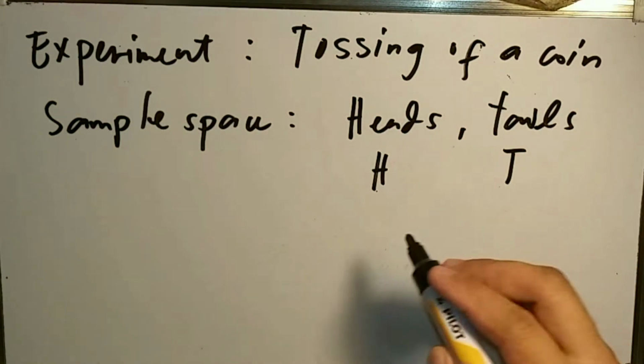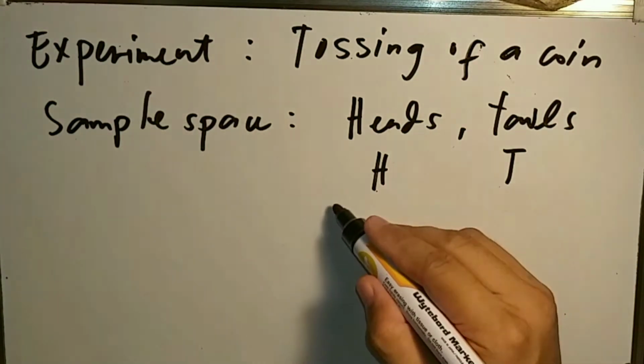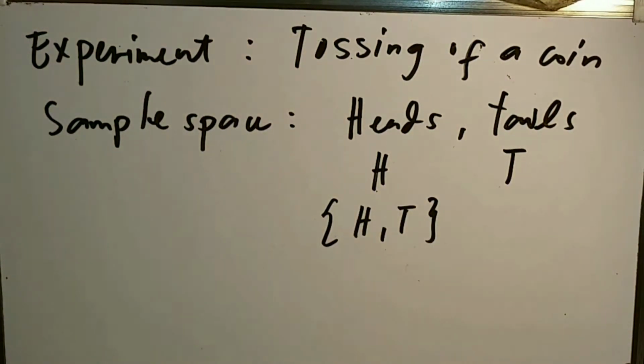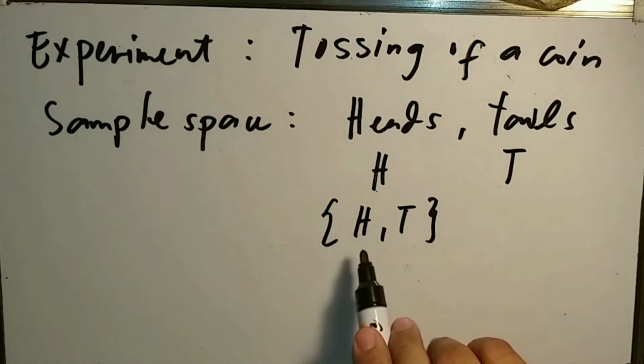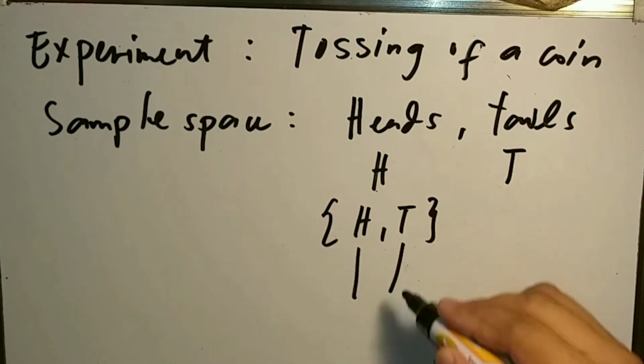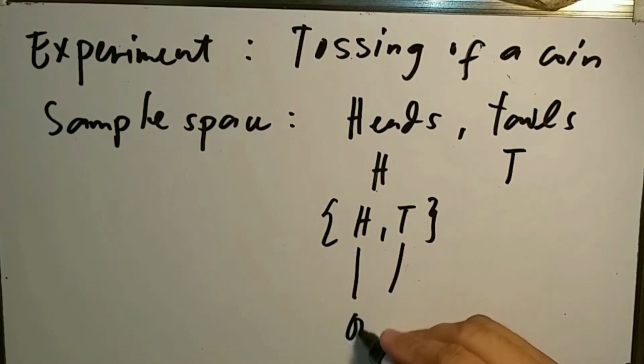Now we can write the sample space using this notation. So this H and T are what we call outcomes.